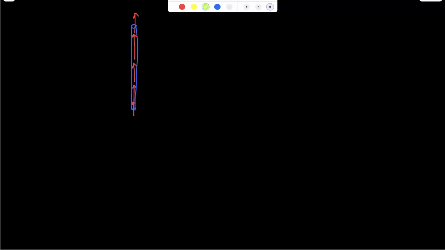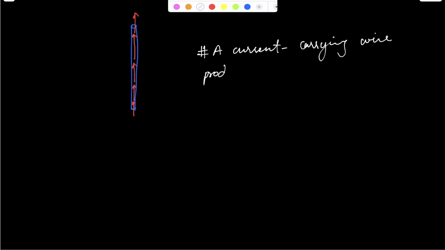Let me just write it down. A current carrying wire produces a magnetic field around it.